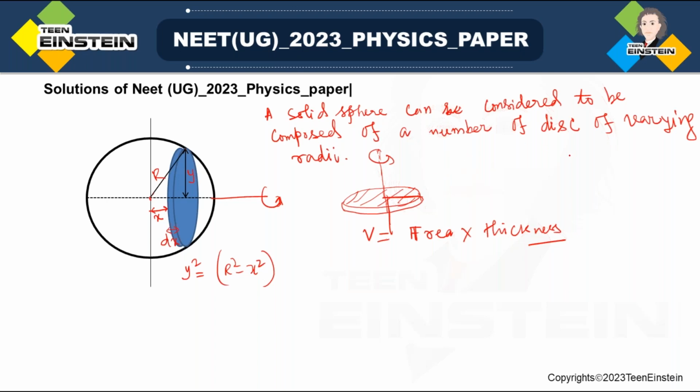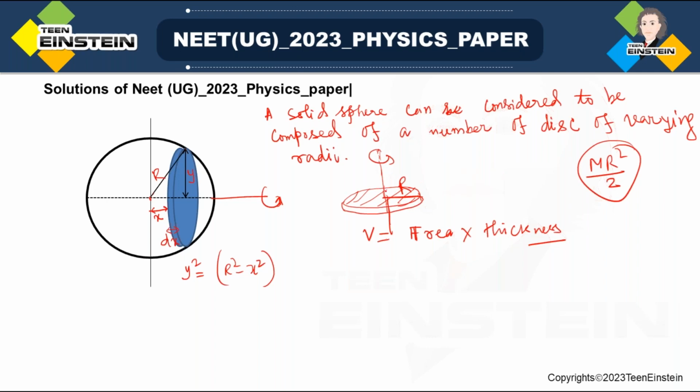From the known result, if the radius of the disk is r, then the moment of inertia of the disk about its own axis is mr square by 2.